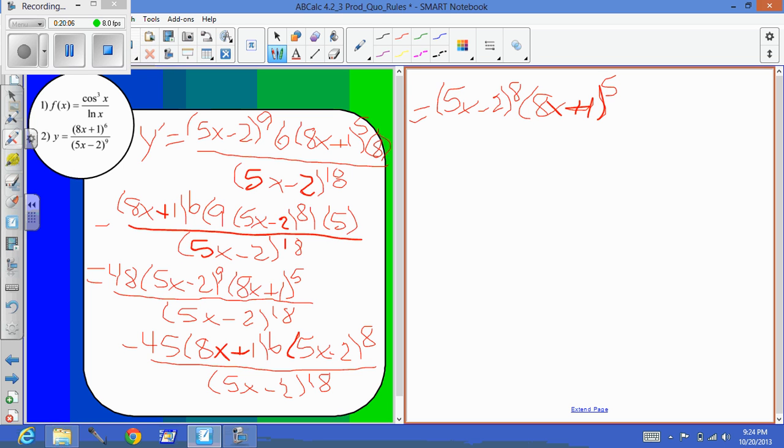And that is going to leave us with a 48 times, we have an extra 5x minus 2 right there, minus, and forgive me, this is very poor notation, but give me the break just this one time, minus 45 times what I have left there is a 5x and 8x plus 1, excuse me.